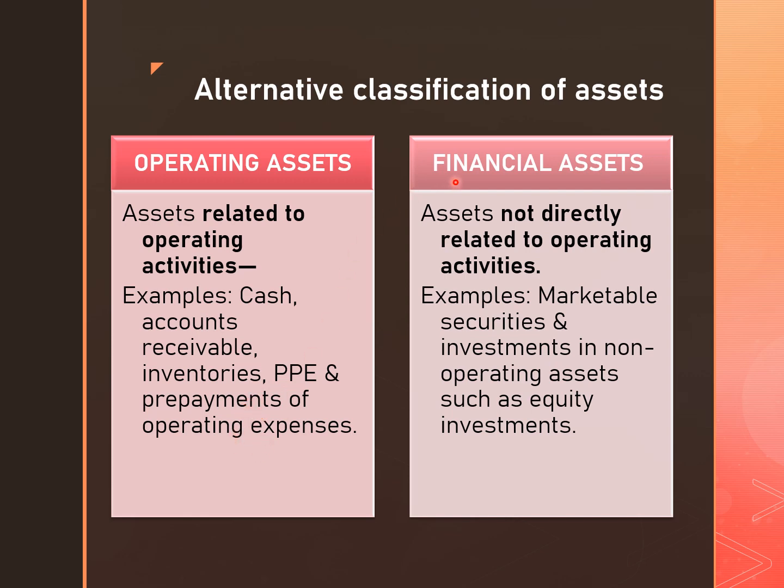And then untuk financial assets, aset yang tidak berkaitan directly dengan operating activities. For example, asset that comes from the marketable securities. You punya investment such as equity investment in mana-mana company. Okay, that is not related to your main activities ataupun you punya main operation.